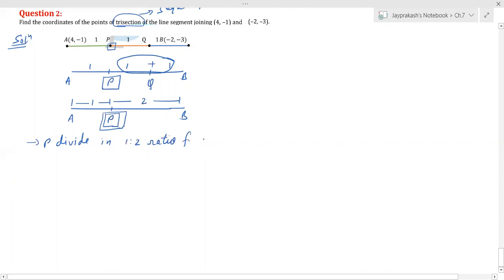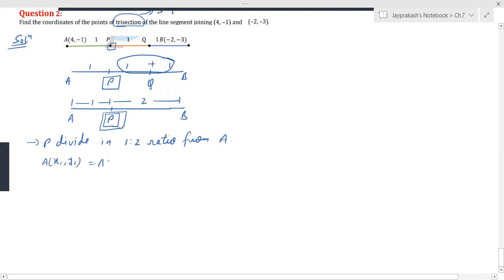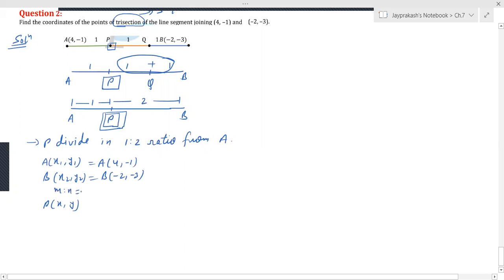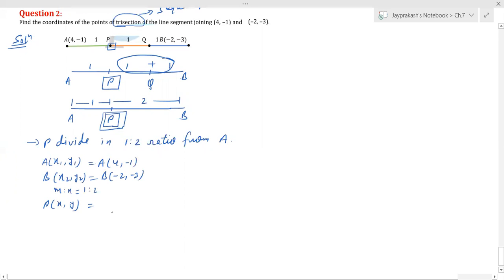in 1:2 ratio from A. Why are we using from A? Because we have taken the first ratio as 1 and the second ratio as 2. So we will consider A as x1 comma y1 and vertex B as x2 y2, with the ratio m is to n equal to 1 is to 2. So we will again use the section formula, m x2.